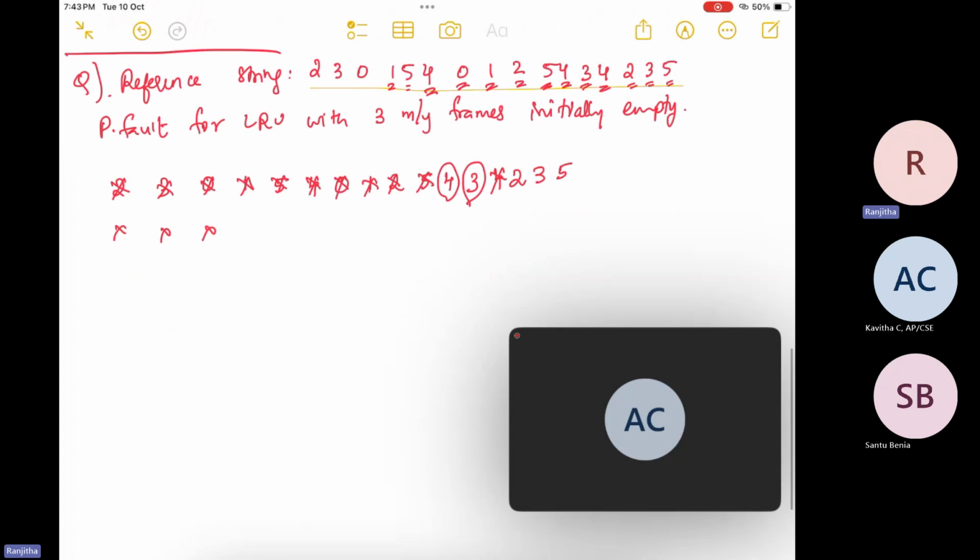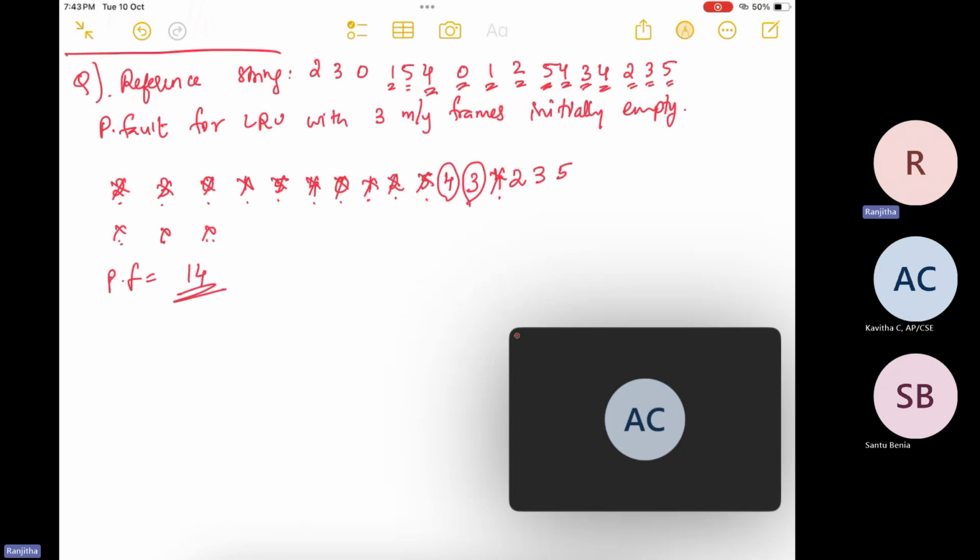So the total number of page faults is the initial 1, 2, 3, followed by all the other crosses: 1, 2, 3, 4, 5, 6, 7, 8, 9, 10, 11, 12, 13, and 14. So the number of page faults is 14.